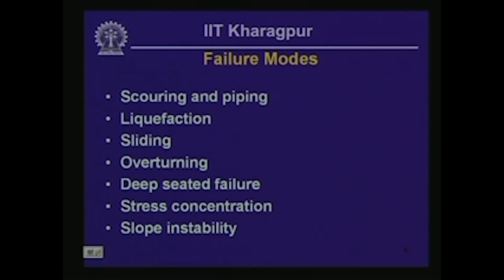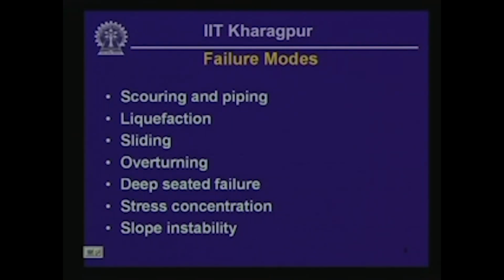The third type of failure mode is sliding failure, and here what happens is the lateral pressure because of the retained water or because of the retained tailings mass becomes too great, and as a result the dam slides downstream.